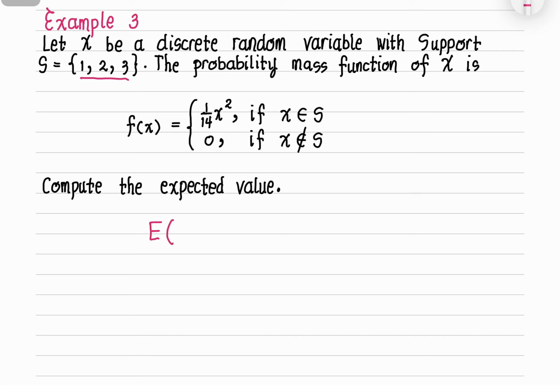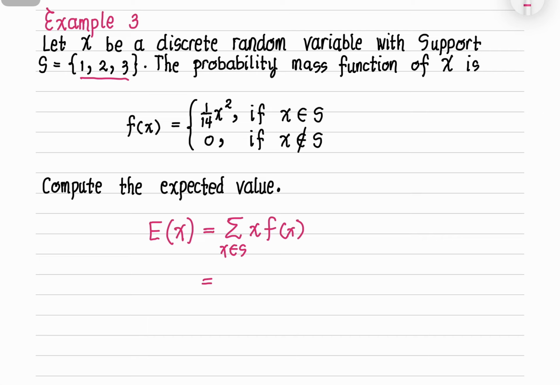So the expected value is equal to the summation of x times f of x, where x is an element of the support. Meaning yung x natin dito, yun yung support natin na 1, 2, and 3. Gaya nga na sinabi ko kanina, same lang yan sa mga naunang examples.